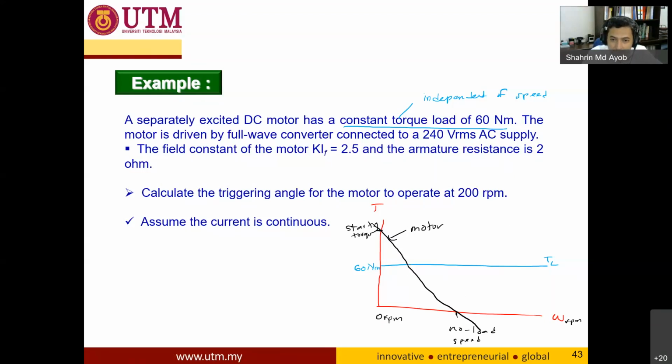The intersection between the load torque TL and your motor characteristic will give you the speed of the motor. So right now, the speed of the motor is 200 RPM. So the question is, calculate what is your alpha.